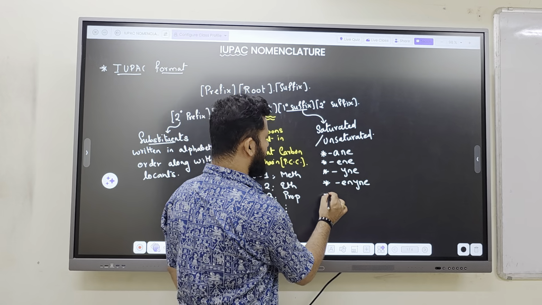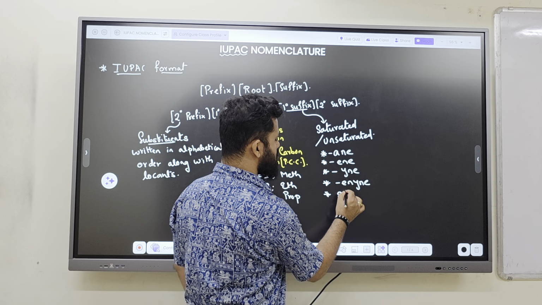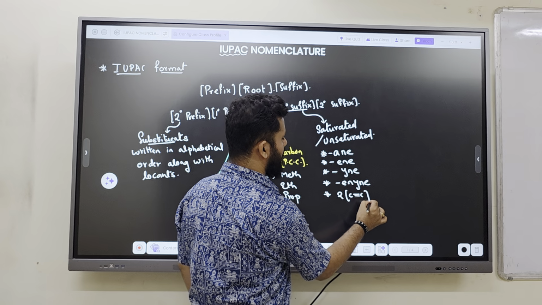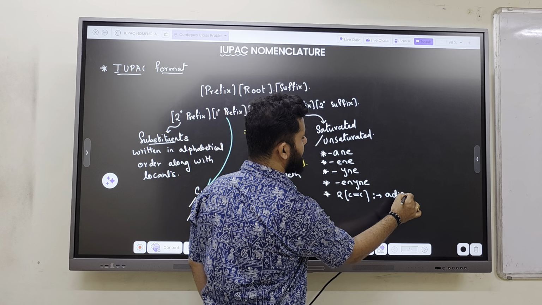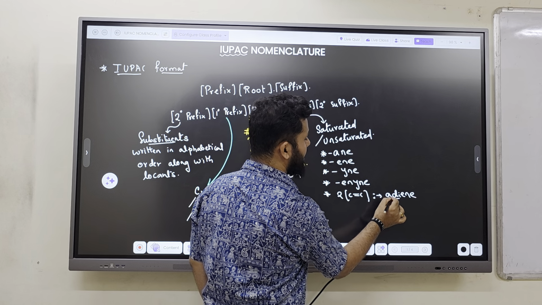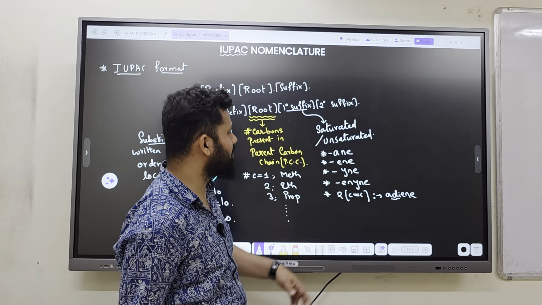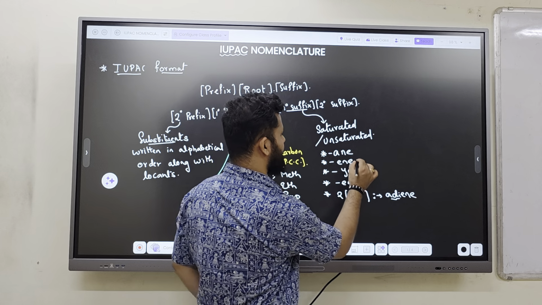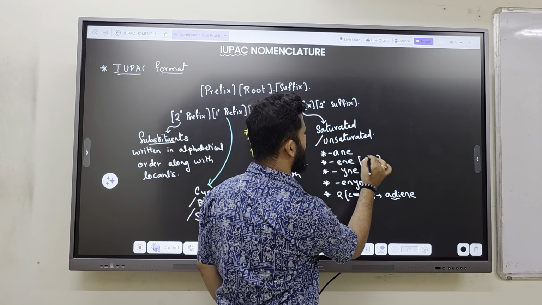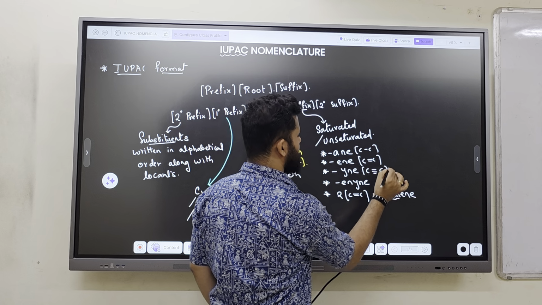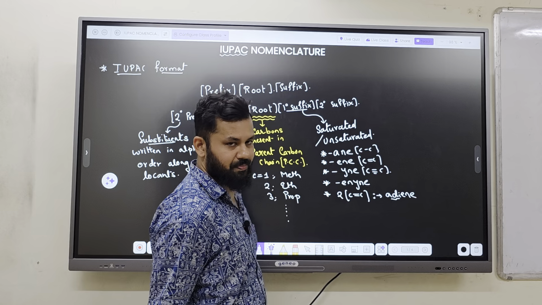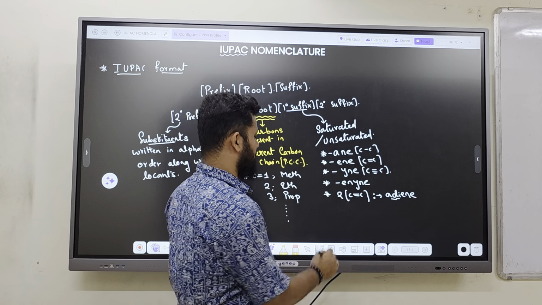If there are 2 carbon-carbon double bonds, then we will call it a-diene. Di means 2. Ene means, sir, a double bond. Ane means a single bond. Yne means a triple bond. A-diene means there are 2 double bonds.